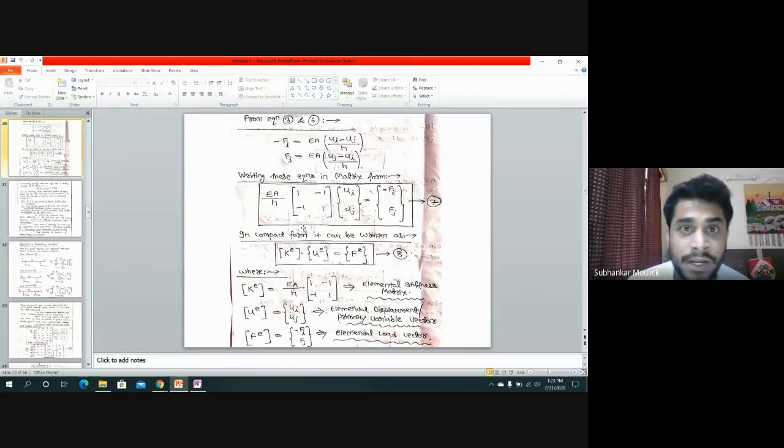That means I cannot find the inverse, because to get the values of ui and uj I have to multiply minus Fi, Fj with the inverse of this matrix. But in equation number 7, this matrix is singular, for which the inverse is not defined. I cannot solve this equation number 7.